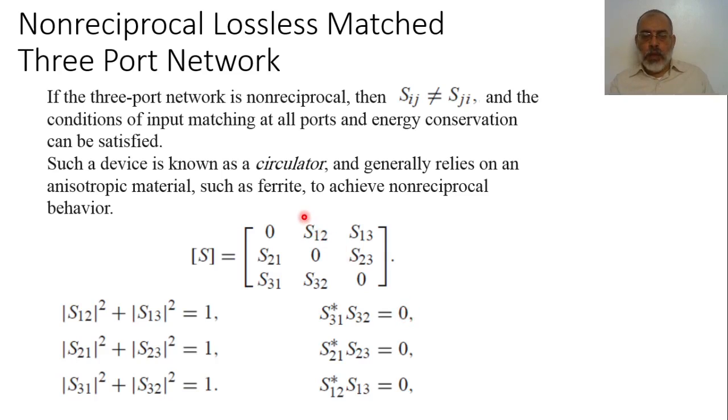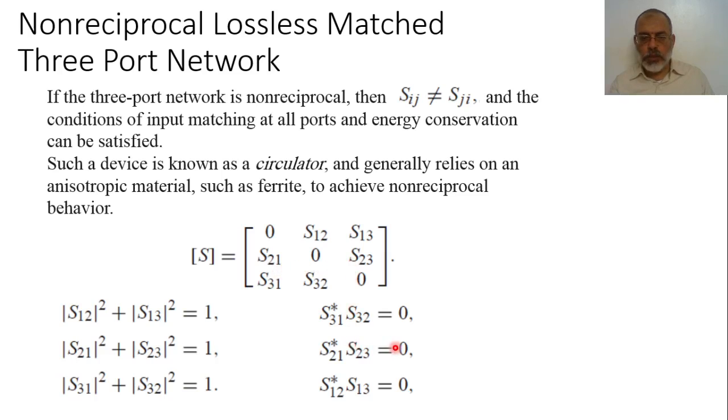Next, the conjugate of the first column multiplied by the third column: 0 multiplied by S13 is 0, then S21 conjugate multiplied by S23, and the third term is S31 multiplied by 0. So we have only S21 conjugate multiplied by S23.